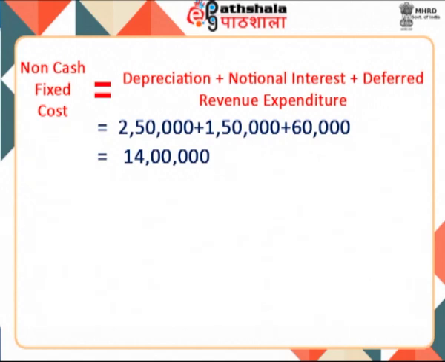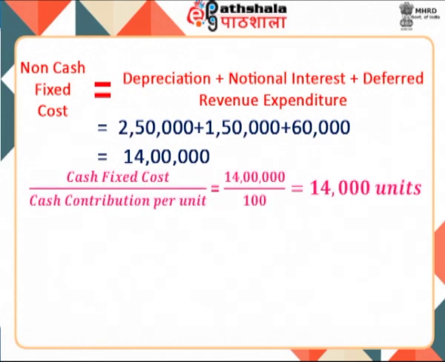Now, putting these values in the formula for cash break-even point in units, that is cash fixed cost divided by cash contribution per unit, that is 14 lakh divided by 100, which is equal to 14,000 units.